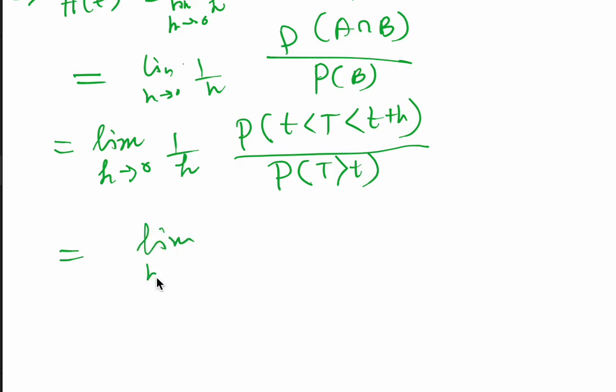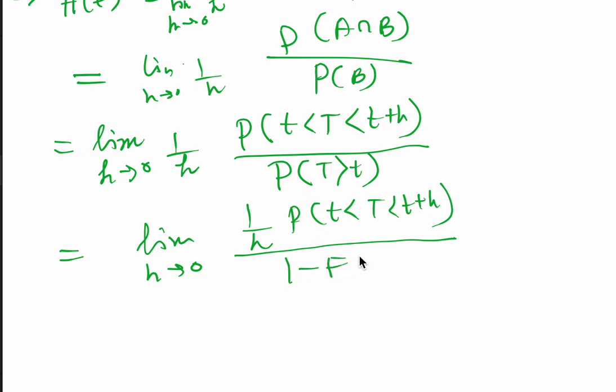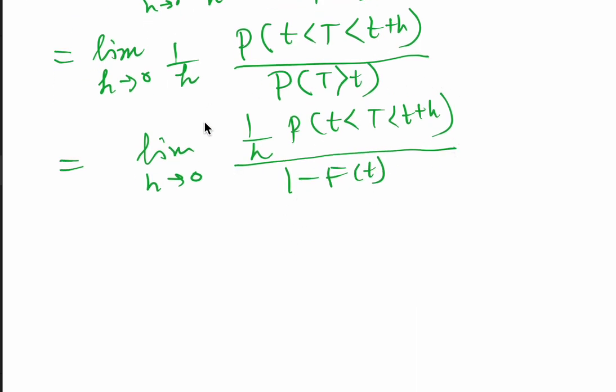So limit h tends to 0, 1 by h, probability of t less than T less than t plus h, and this is 1 minus F(t). Now we know this is the definition of the probability density function, limit h tends to 0, 1 by h, probability of T in between, this is the density function, so that is nothing but f(t) by 1 minus F(t).